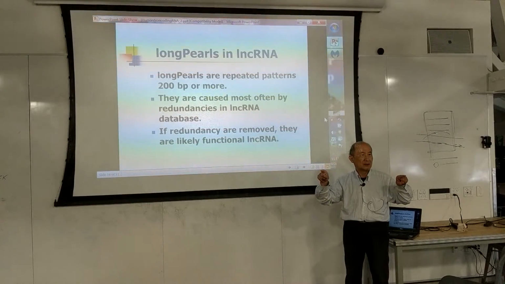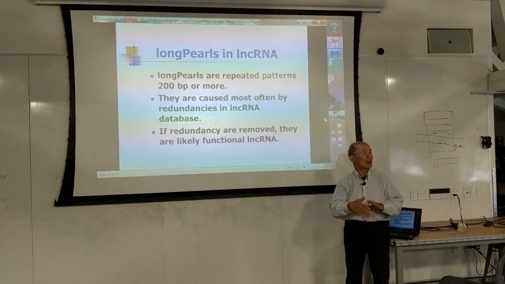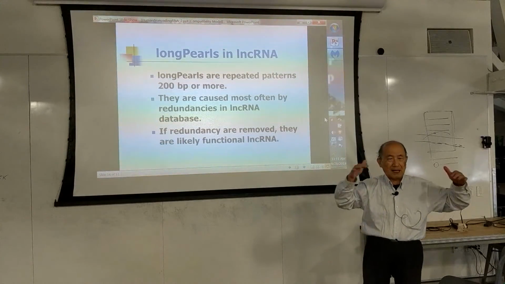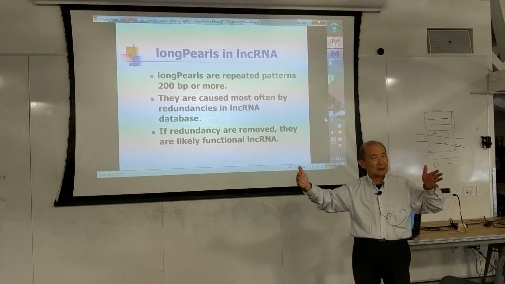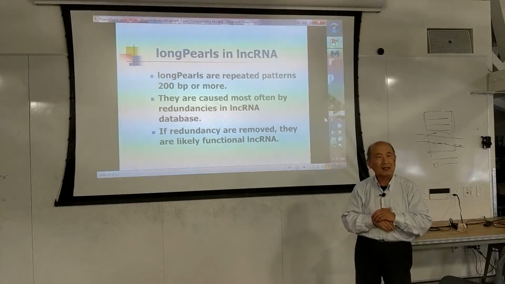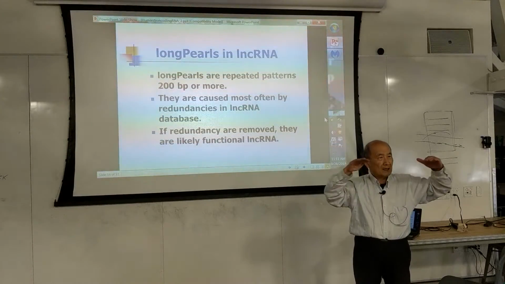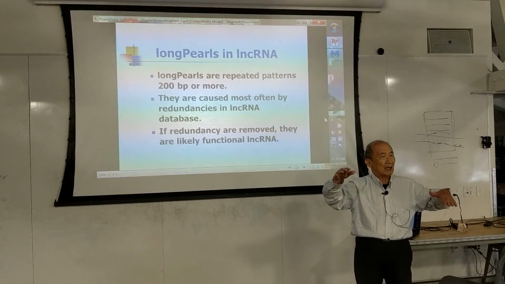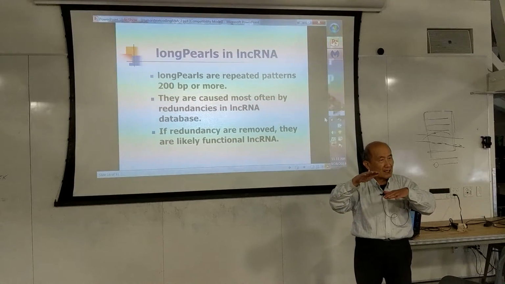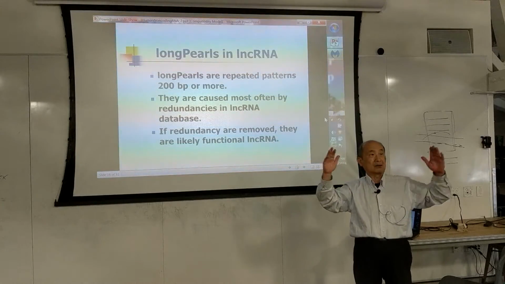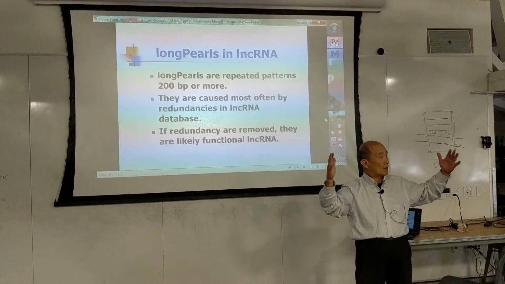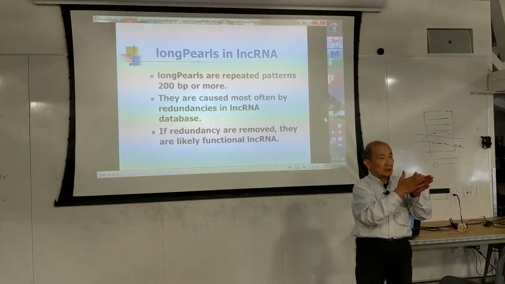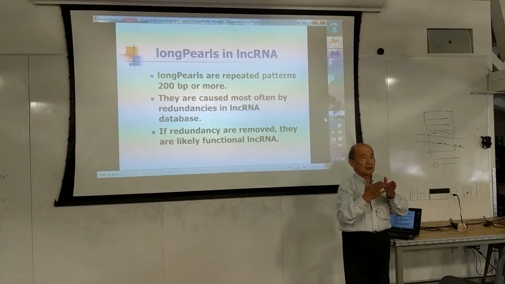And so they are just simply repeats in the RNA database. If we accidentally have these two RNAs as two separate RNAs in the database, I will just have these two 1,000 base pair pairs. And the internal structure of this 1,000 stretch is masked.